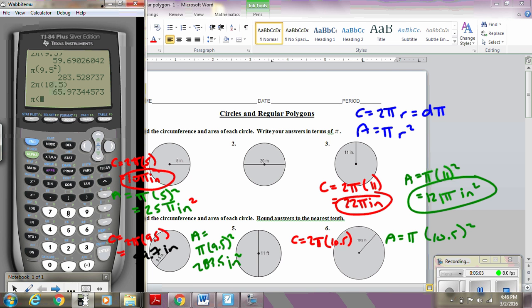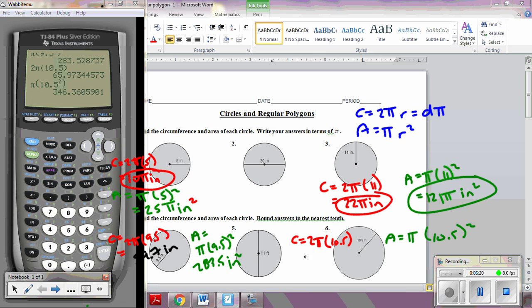Pi times 10.5 squared. So the circumference is 65 point, so it's roughly 66.0 meters. And for the area, it's 346.4 meters squared.